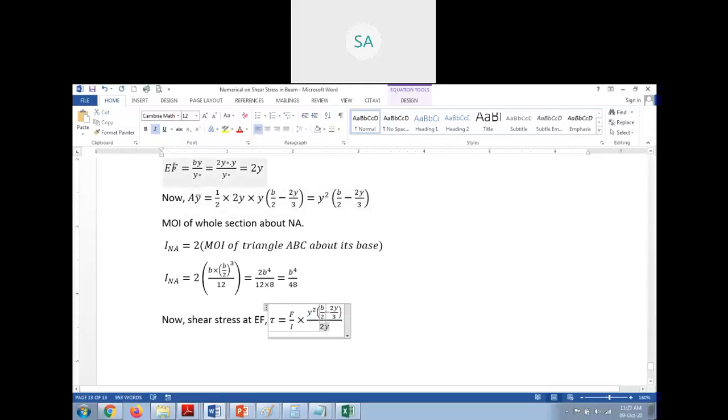We have here EF is 2y, and I is b raised to 4 by 48. So b raised to 4 by 48, right? Now we have to simplify this. So this is equal to, this 48 goes to the numerator. So 48 F by b raised to 4.